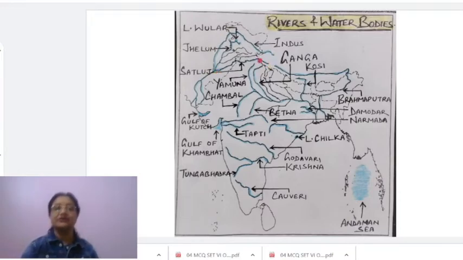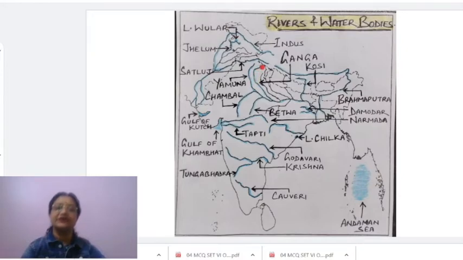Now let's talk about the Ganga River system. Ganga River system means all the rivers which are joining Ganga, and Ganga itself. Ganga and its tributaries. So let's start with Ganga. You can see here 2 rivers are coming almost parallel, right? This is actually not the first one, the second one is Ganga.